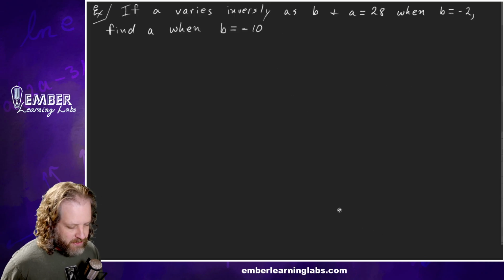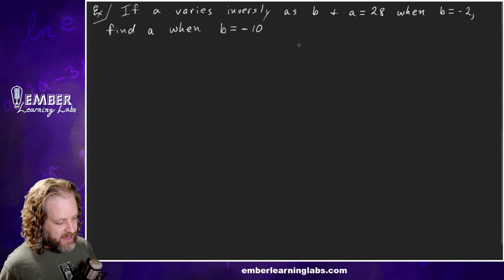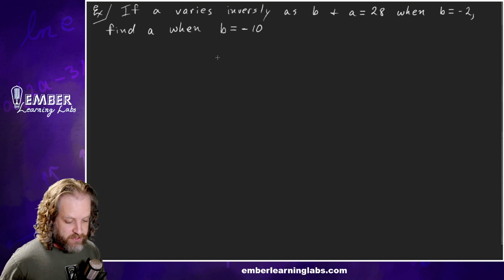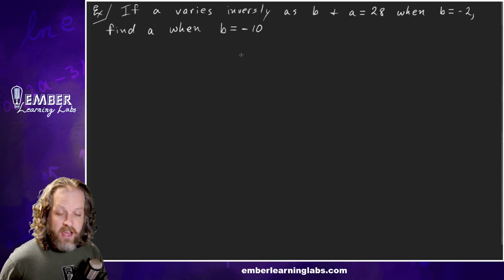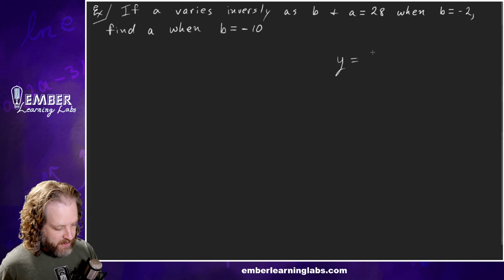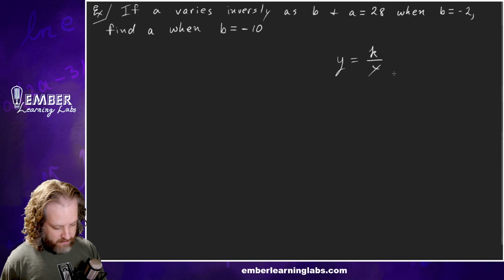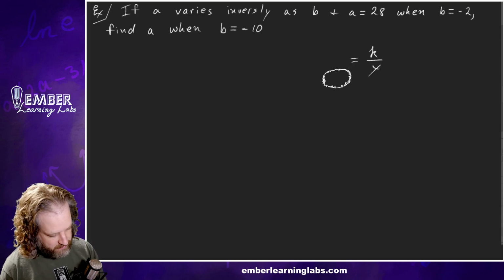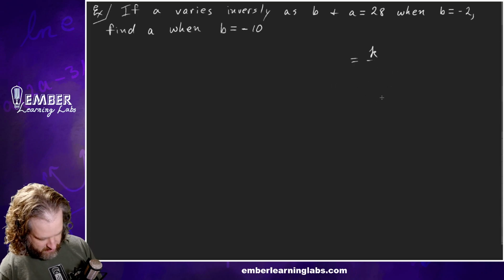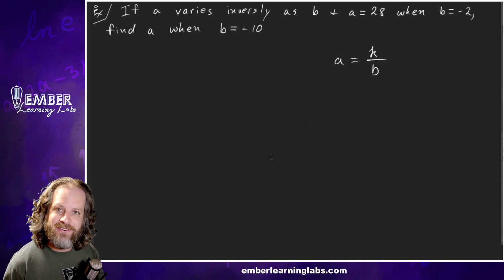All right. Another example, if y varies inversely as b, and a equals 28 when b equals -2, find a when b equals -10. So which one of the two formats are we going to use? We're going to use y varies inversely, so k over x, except these are a and b. A varies inversely as b, right?